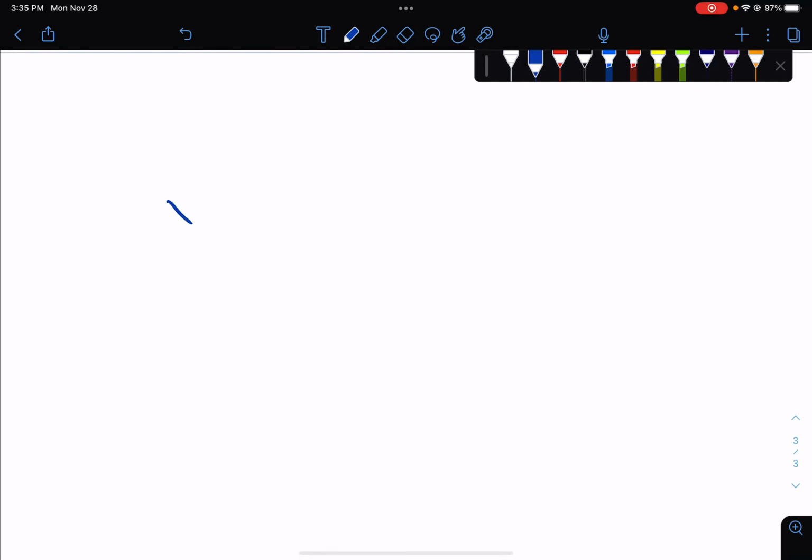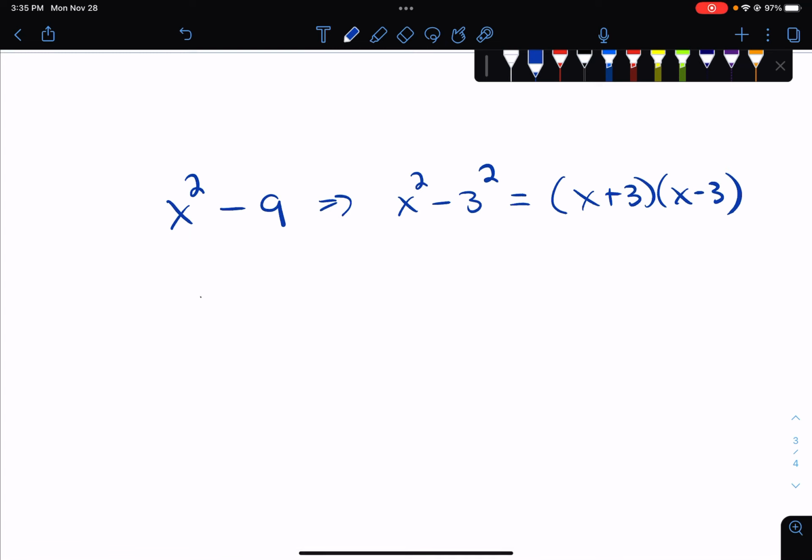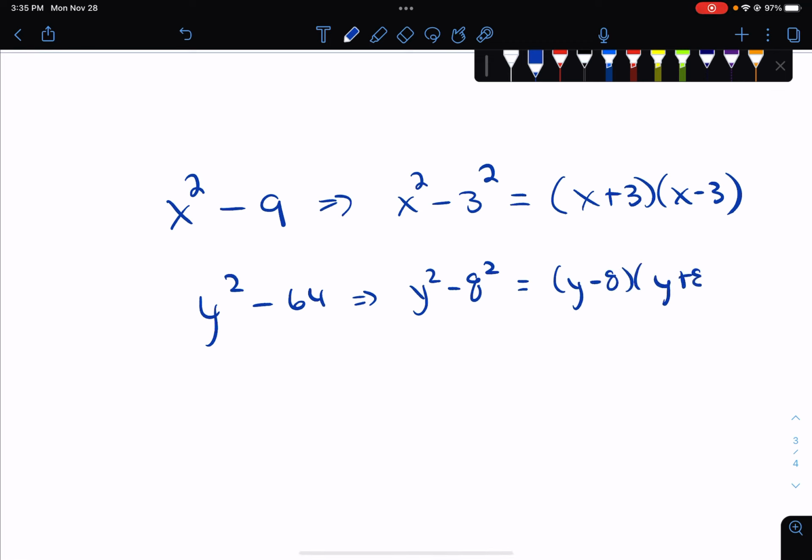If I have x squared minus 9, that is the same thing as x squared minus 3 squared, so I can rewrite that as x plus 3, x minus 3. If I have y squared minus 64, that's the same thing as y squared minus 8 squared, so that becomes y minus 8, y plus 8.